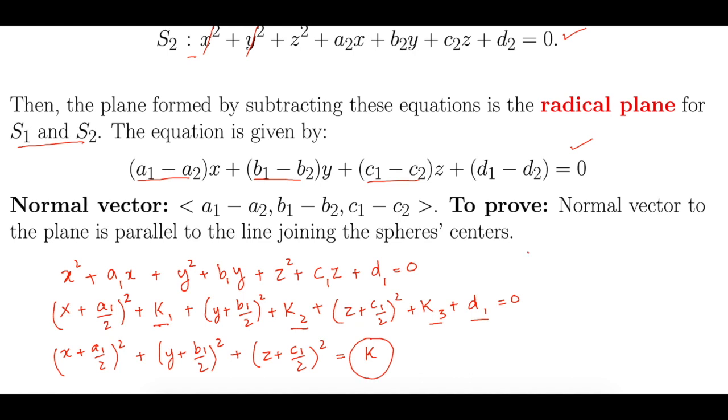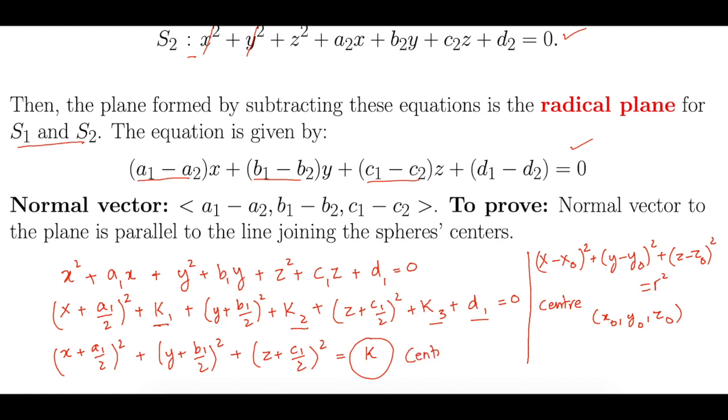Now compare it with the general equation of a sphere: (x minus x0) squared plus (y minus y0) squared plus (z minus z0) squared is equal to r squared, and the center is x0, y0 and z0.